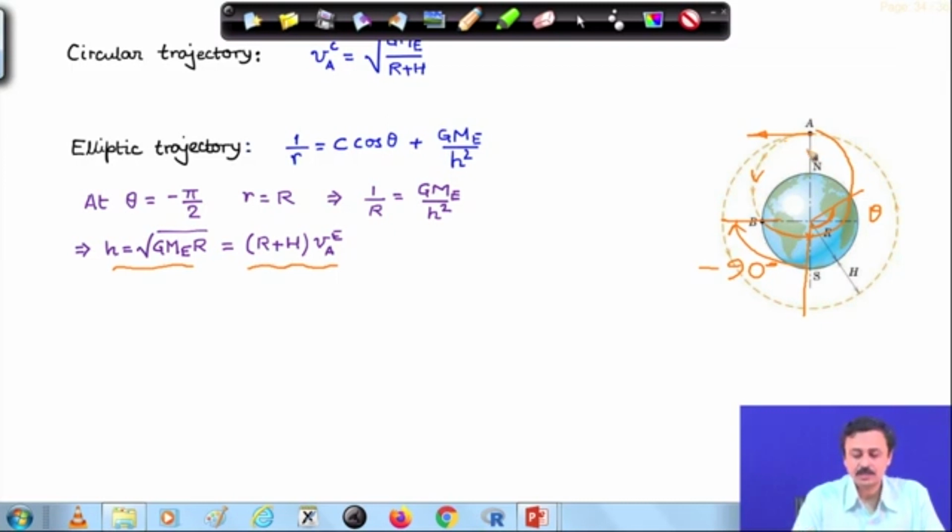That should be the speed of the satellite on the elliptic path at A, V A E, and if I multiply it with the radial distance from the focus, that will give me h. So, I have calculated this angular momentum per unit mass from two sides. One is considering that this ellipse must intersect the radius of the earth at theta equal to minus pi by 2, and the other is from its angular momentum per unit mass at A, and both must be equal because that is a conserved quantity.